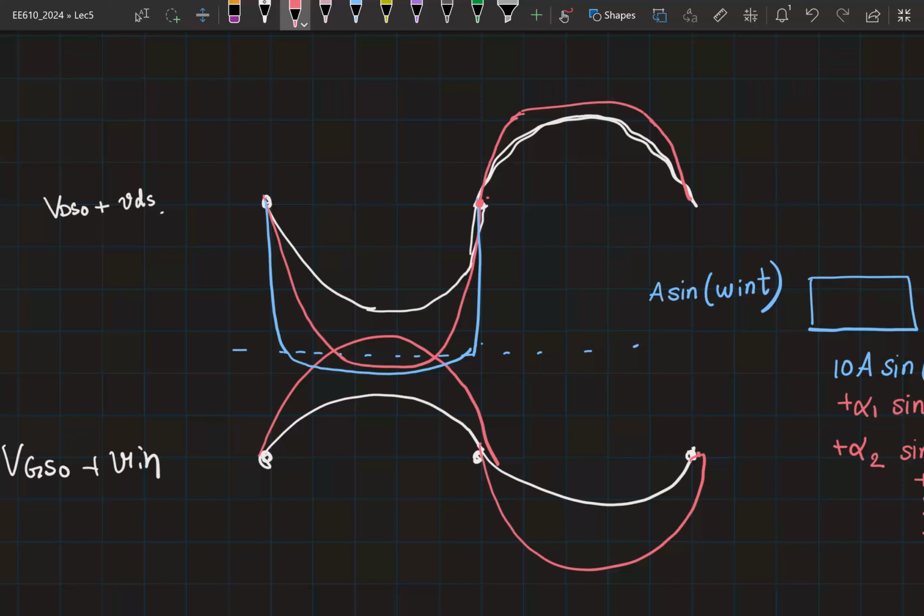It sort of clips off. So there is a possibility that your sine wave can get clipped off at the output during the negative cycle at the output. This happens because the transistor is entering into the triode region. Now during the negative cycle at the input, which is when you get a positive sinusoid at the output, your transistor could enter into the cutoff region and thereby result in more clipping.